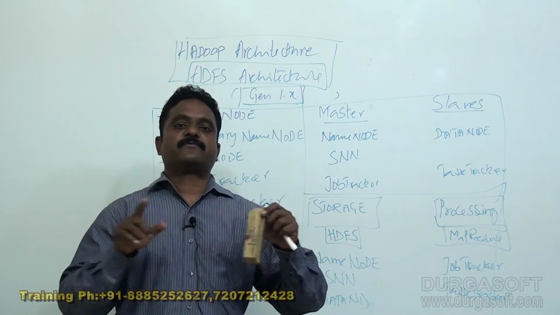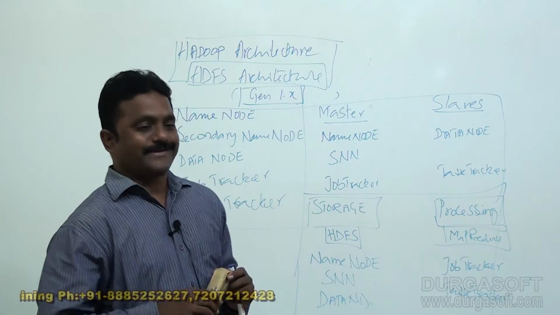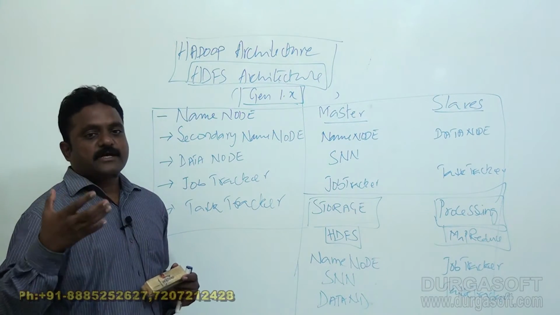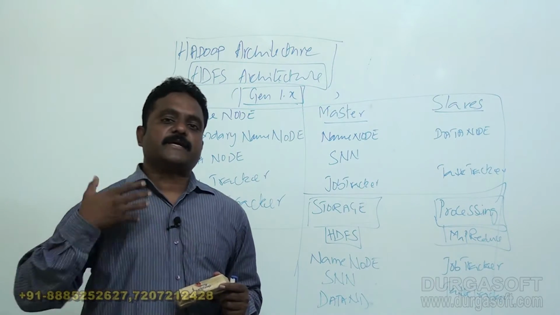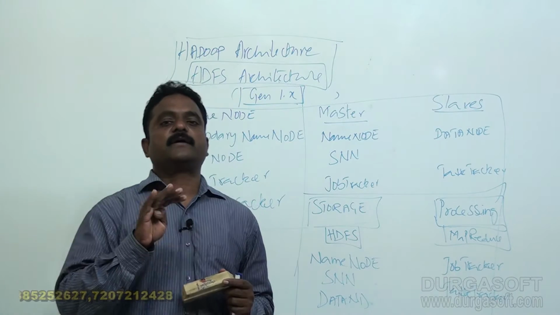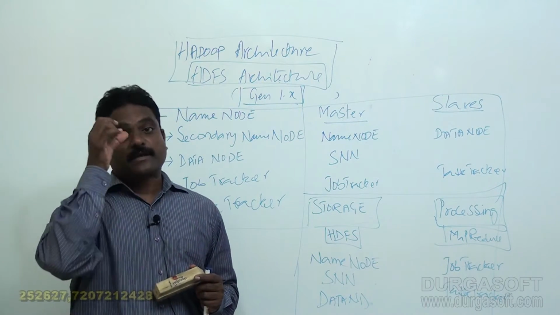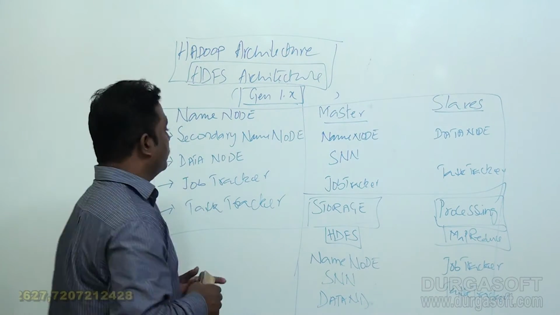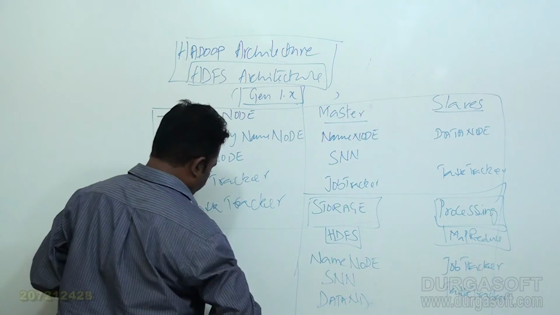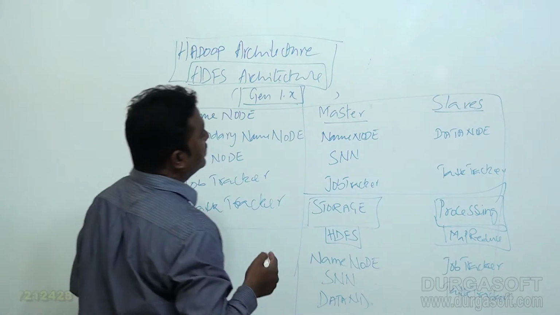So if I want to write any data onto the cluster, I need to look at a few characteristics where rack awareness comes into the picture. Before going there, we will be looking at what is a name node. Now what is a name node?